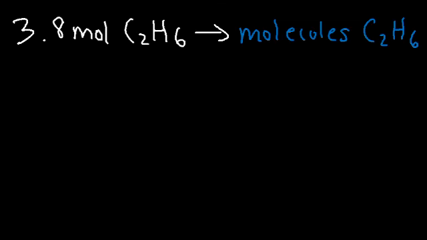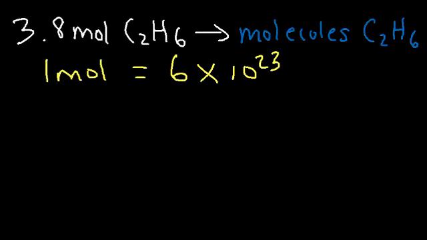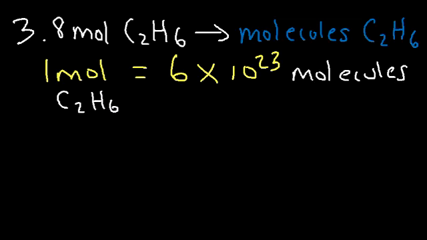Now, keep in mind, Avogadro's number, 1 mole is equal to 6.022 times 10 to the 23, but we're just going to round that and say that's 6 times 10 to the 23. So 1 mole of ethane, C2H6, because that's a molecule, is equal to 6 times 10 to the 23 ethane molecules, or we'll just write molecules. So let's use that as a conversion factor.